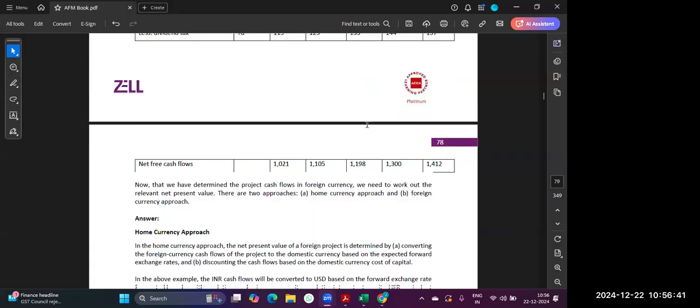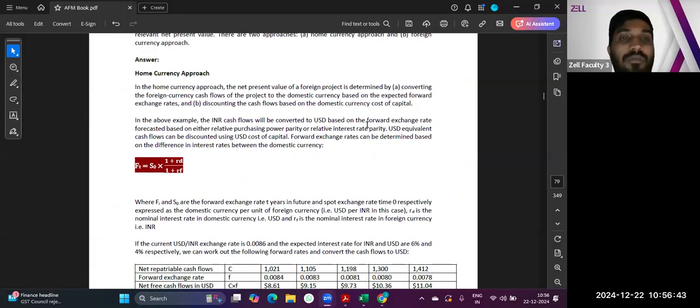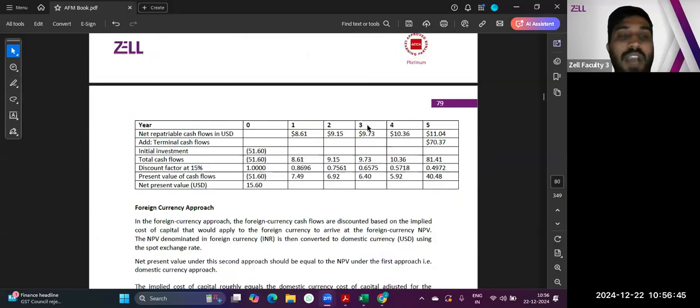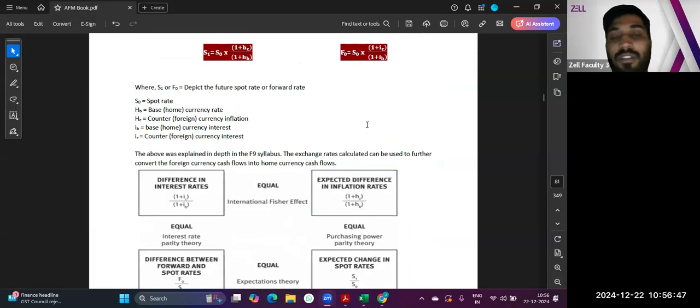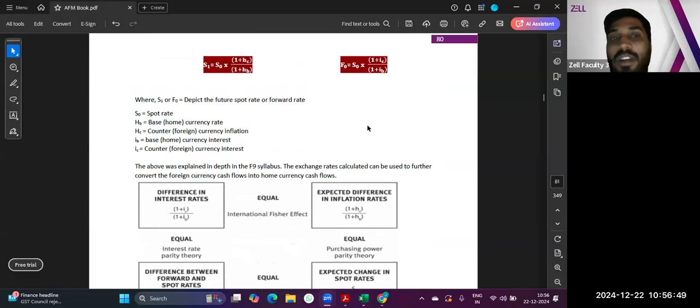Now, how do you calculate the foreign exchange rates? There are two methods. One is known as purchasing power parity theory and one is known as interest rate parity theory. In that, what we do is we take the spot rate into 1 plus HC.